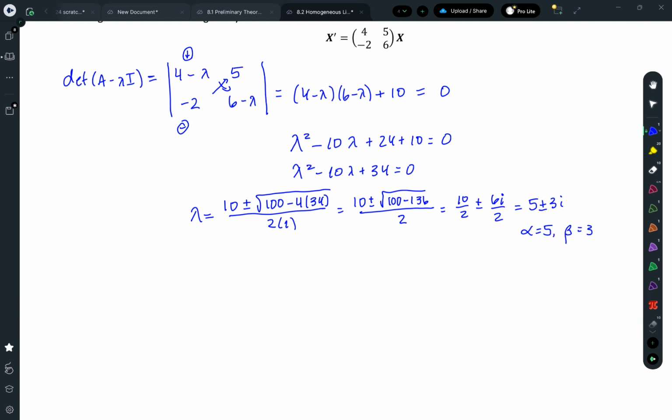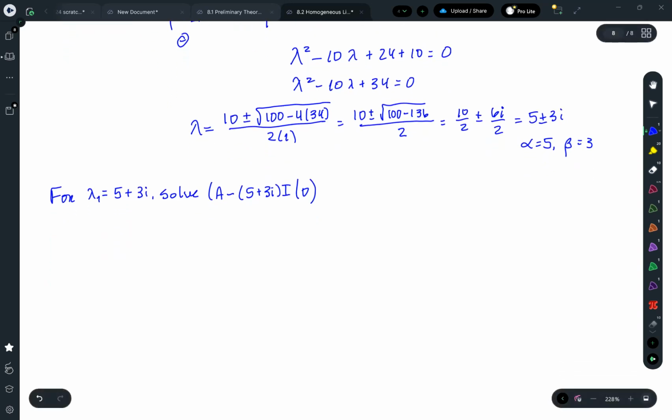Okay. Now, for lambda 1 equals alpha plus beta i, so we're going to look at 5 plus 3i. We need to solve A minus, in parentheses, 5 plus 3i times the identity matrix, set equal to 0. Let's see how to handle this.